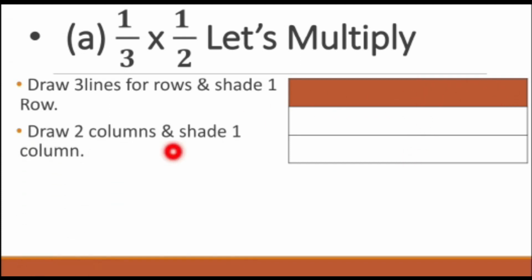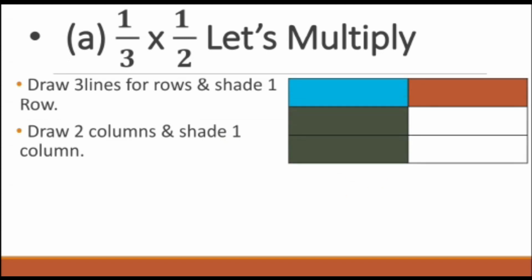Then the second fraction is 1 by 2, which means we need to draw 2 columns and shade one column. Now we have drawn 2 columns and shaded one part of it.